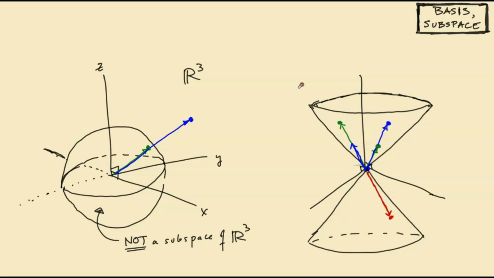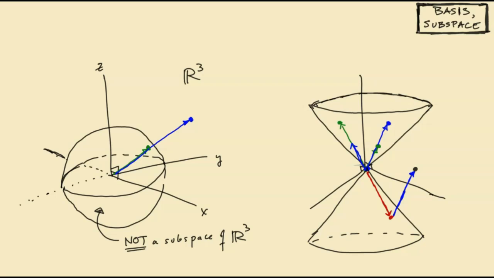We can scale vectors on this thing and stay on that thing, but can we also add them? If you think about it for a little while, you will quickly realize that we cannot. For example, if I add this blue vector on the upper part of the cone to this red vector on the lower part of the cone, like so, we end up at a point that is definitely not on the cone.